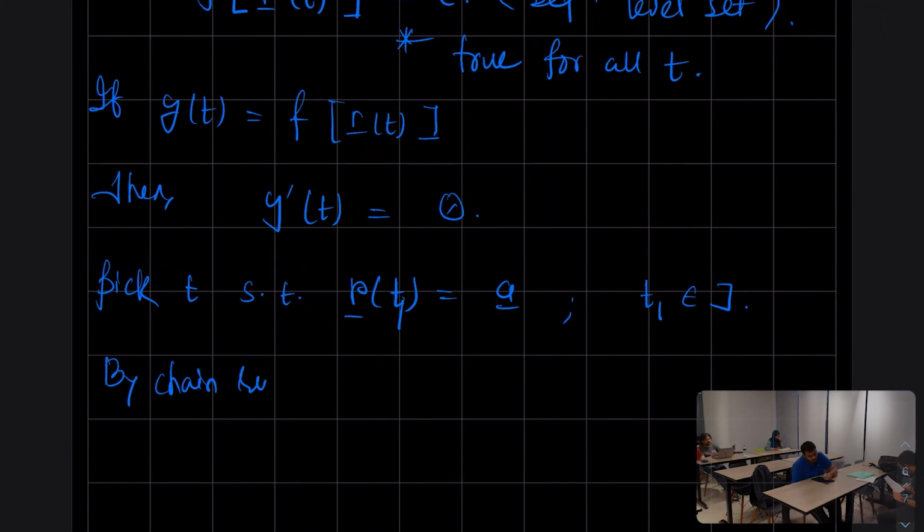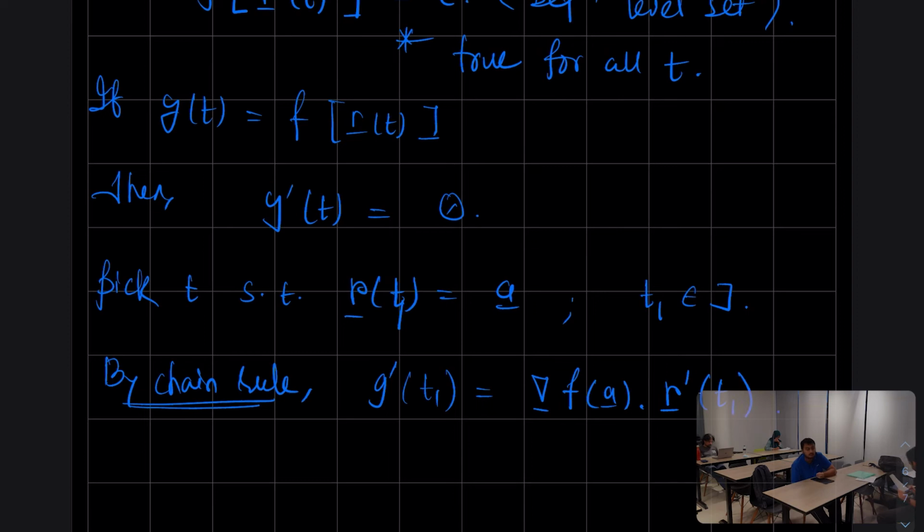By chain rule, what we know is that gamma prime of t, or in this case t1, is going to be the gradient dotted with r prime of t1. Very good.